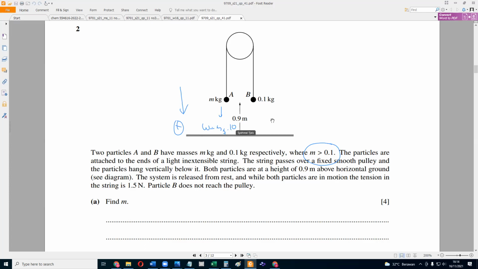And we have the tension there. I'm going to write them here. Sum of the forces for particle A is mass of A, m, times the gravity minus the tension. Mass of A times gravity, 10, minus tension is going to be mass A times the acceleration.